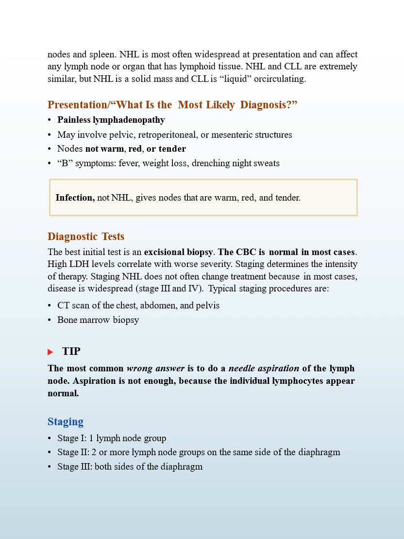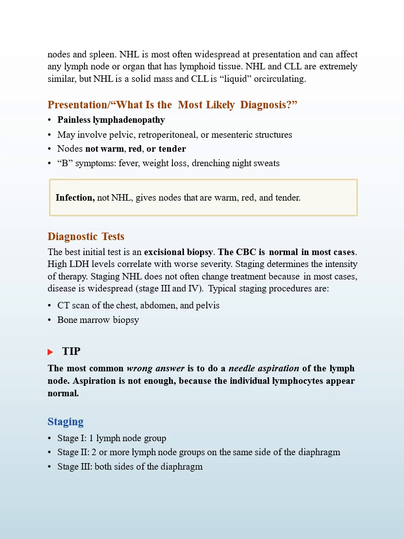NHL and CLL are extremely similar, but NHL is a solid mass and CLL is liquid or circulating. What is the presentation? If the question asks what is the most likely diagnosis, we need to know that number 1, this is a painless lymphadenopathy. Number 2, nodes are not warm, red, or tender.